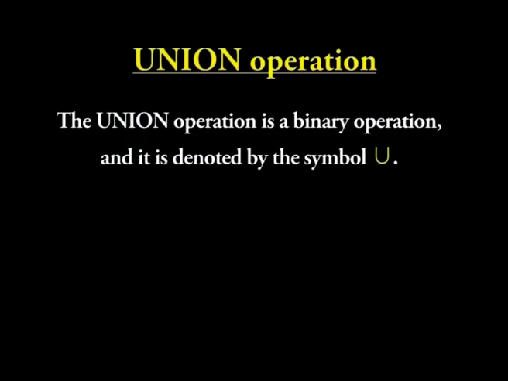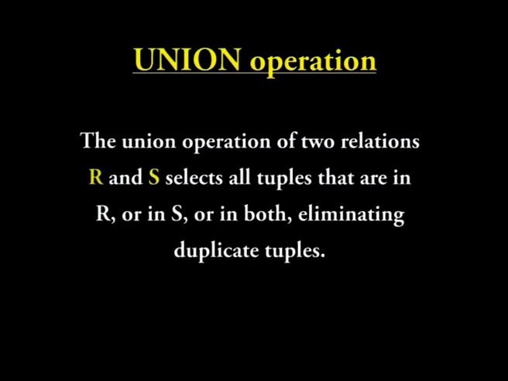So, next operator is union. The union operation is a binary operation and it is denoted by the symbol as it is shown. The union operation of two relations R and S selects all the tuples that are in R or in S or in both of the relations, but eliminating the duplicate tuples.